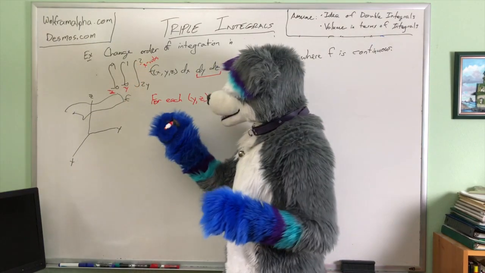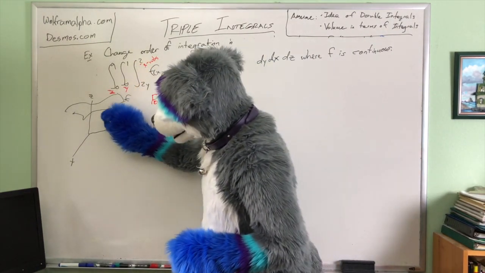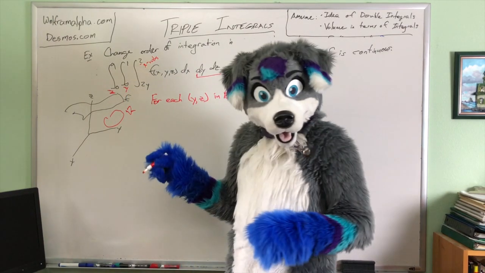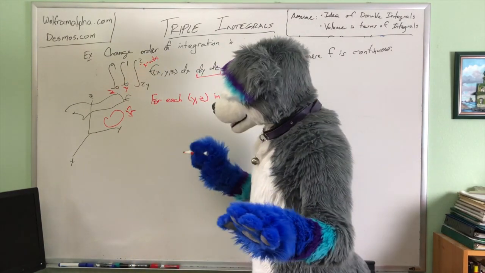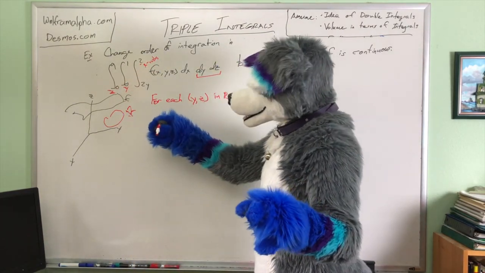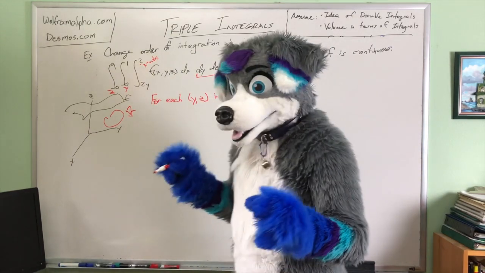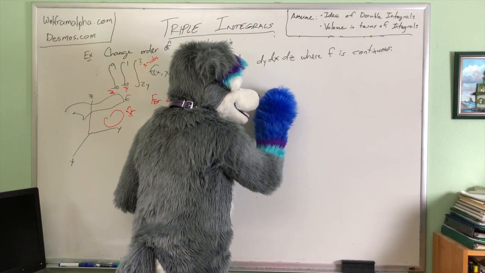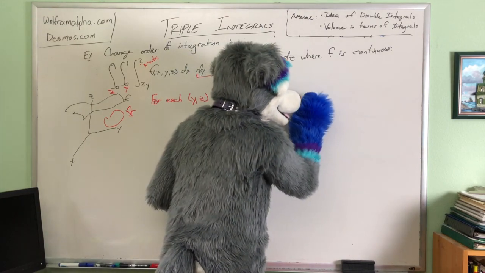So the thing is, I've got this region somewhere in the YZ plane, which we can identify, which we'll do in a minute. For each YZ pair there, I want to know, what do the X values do? X values go, and then you have to identify where they go.